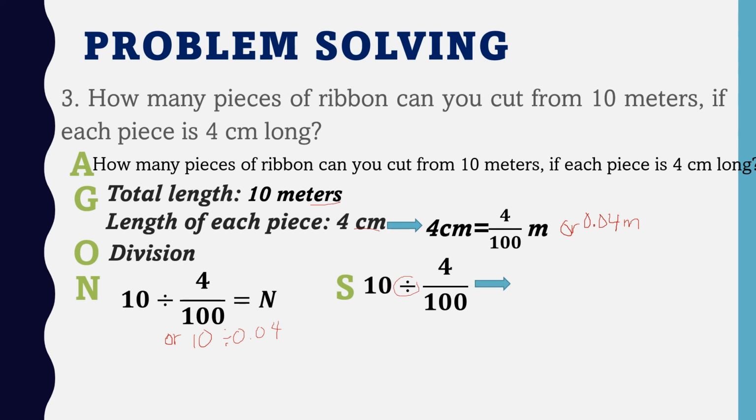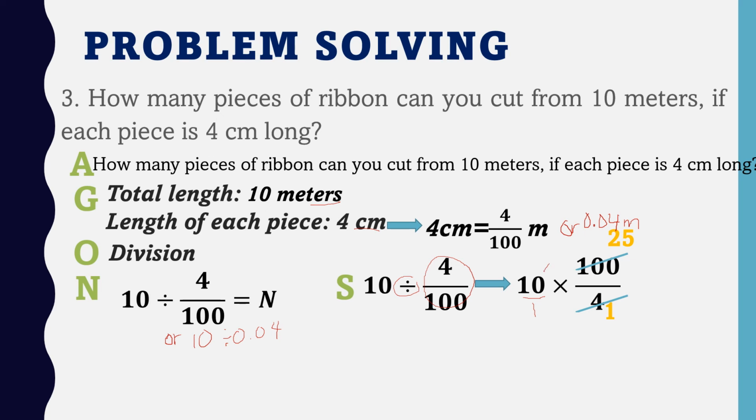And then for the solution, we have 10 divided by 4 over 100, but since it is division, we have to change the operation into multiplication and find the reciprocal of 4 over 100, which is 100 over 4. We can then cancel 100 and 4 because they are both divisible by 4. 100 divided by 4 is equal to 25. 4 divided by 4 is equal to 1. On the other hand, 10 here has a denominator of 1.